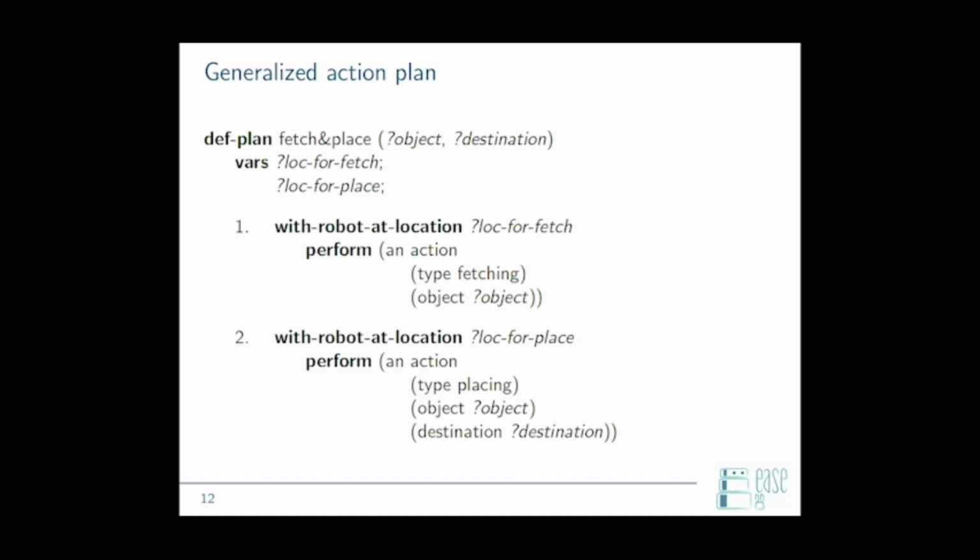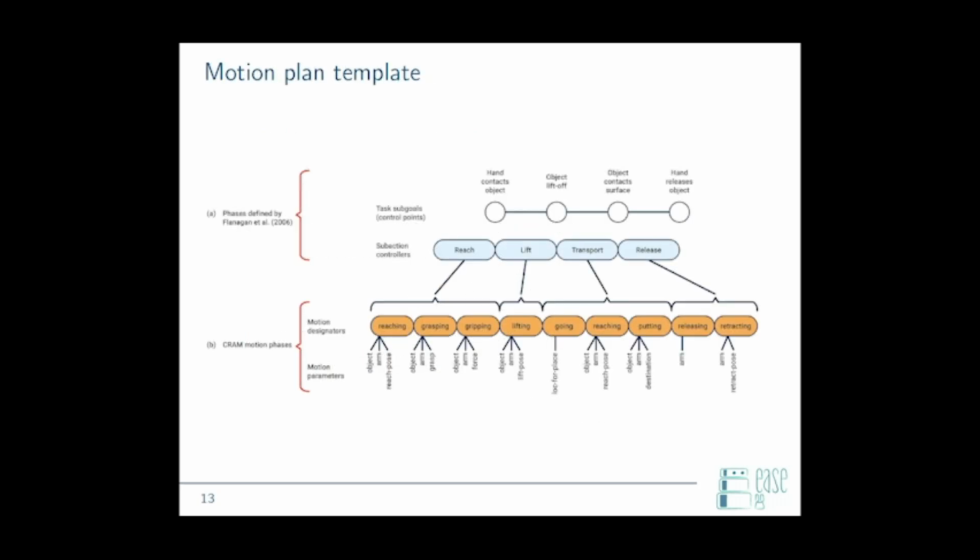So the motion template is that we are structuring the motion of robots into hierarchically decomposed models. So for instance, for manipulation actions, it consists of reaching for the object, lifting it, transporting it, releasing it. And each of these phases has a goal.